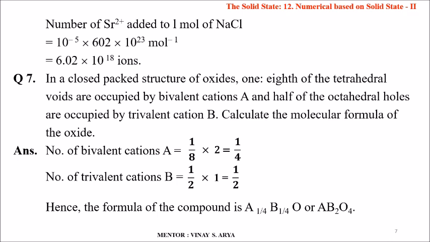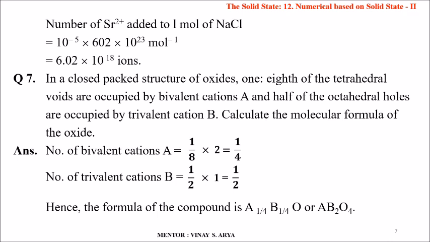Now seventh numerical: in a close packing structure of oxides, 1/8 of the tetrahedral voids are occupied by bivalent cation, that is A, and half of the octahedral voids are occupied by trivalent cations, that is B. So we have to calculate the molecular formula of the oxide. So obviously, when the positions are given, for the bivalent cation A, 1/8 into 2, that is 1/4, and for the trivalent cation B, 1/2 into 1, that is half.